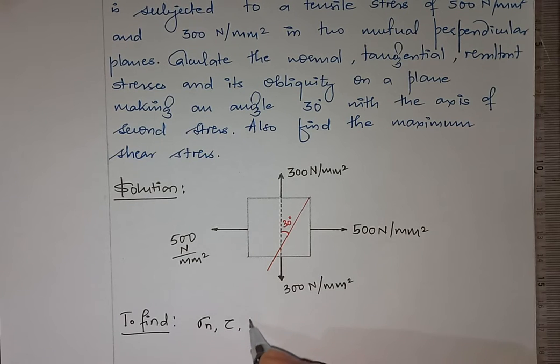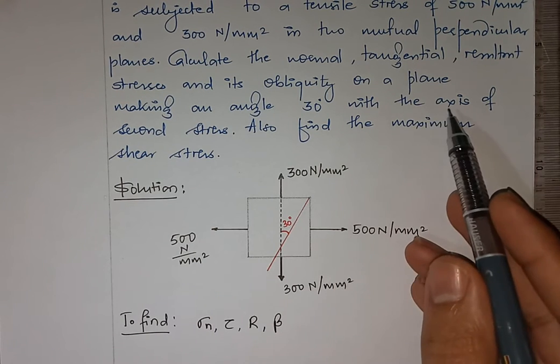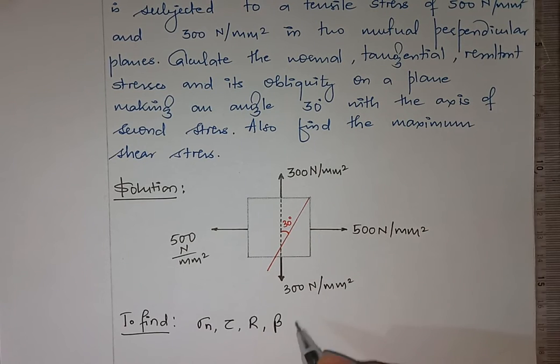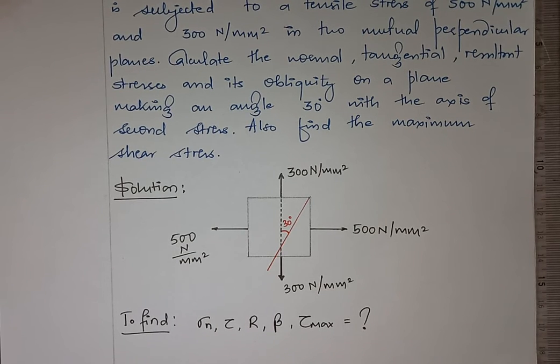Next I need to find out the resultant R. Next I need to find out the obliquity which is beta. Next I need to find out the maximum shear stress which is tau max. These are the things which are to be found out. Right, so let me start with the solution part now.